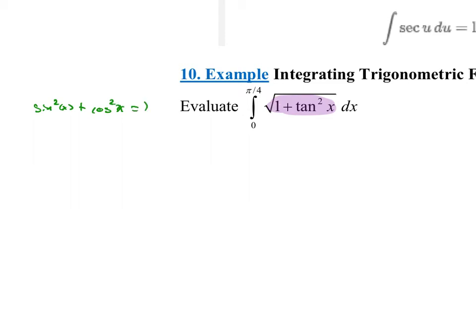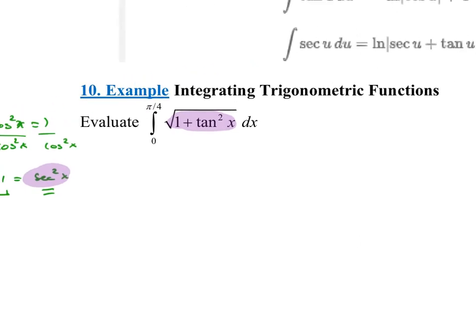And then if you divide everything by cosine squared of x, you would have that tangent squared of x plus 1 equals secant squared of x. So that's our Pythagorean identity. So instead of 1 plus tangent squared of x, we're actually going to plug in secant squared of x. Sorry, let me use my highlighter. They're getting that from the Pythagorean identity, sine squared plus cosine squared equals 1.